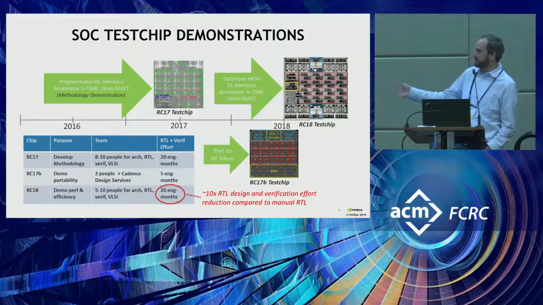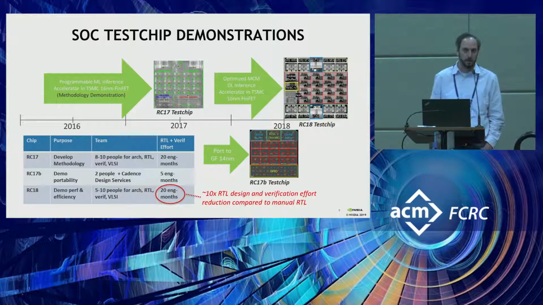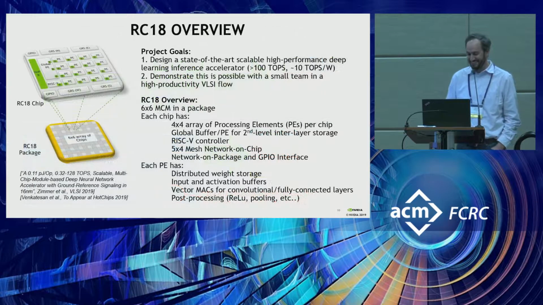So the third chip was to ask: could we build something that's essentially a state-of-the-art deep learning inference accelerator for convolutional neural nets, show this productivity advantage, but be pretty much on par with an accelerator similar to the NVDLA open source accelerator, which Dave Patterson talked about? I'm happy to report the answer is yes. So I'll talk a little bit about that.